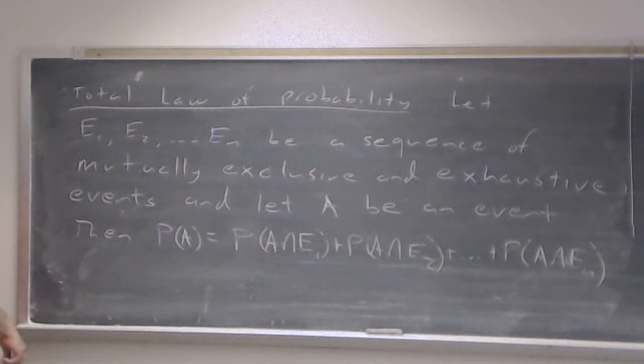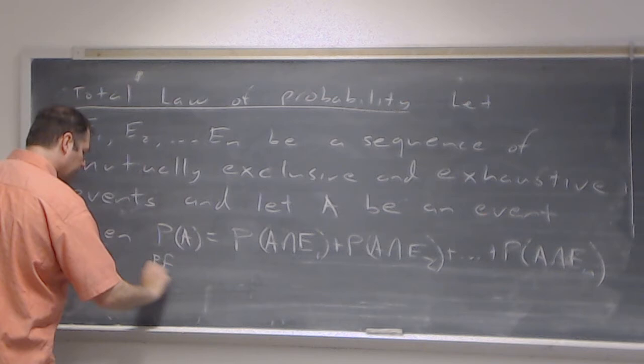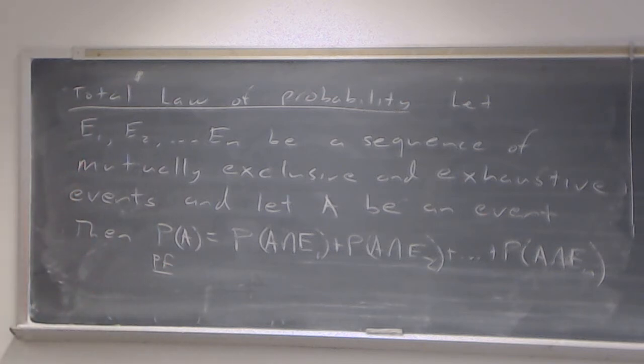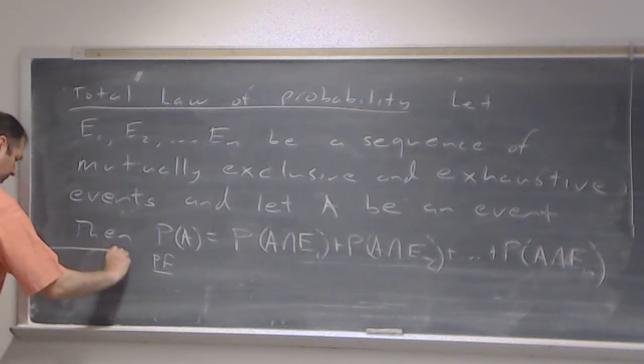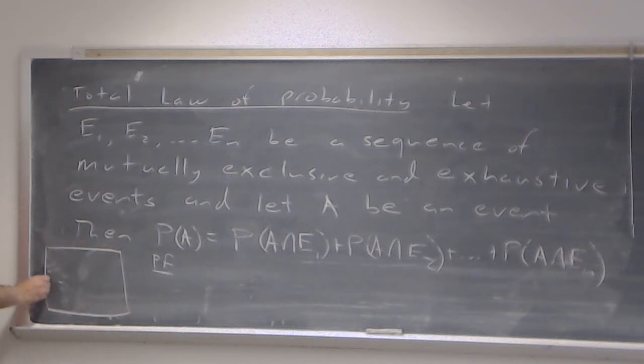I'm going to do the proof right here, but the way I'm going to illustrate it, at least as a one line proof, is by looking at a Venn diagram. So here's my sample space, the whole box. And let's say this is A. If you want to get the probability of A, well, we have these other sets that are events.